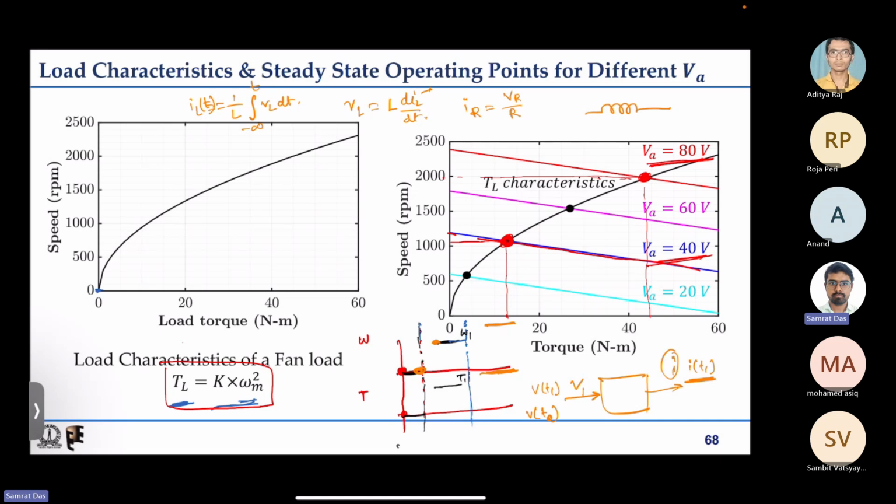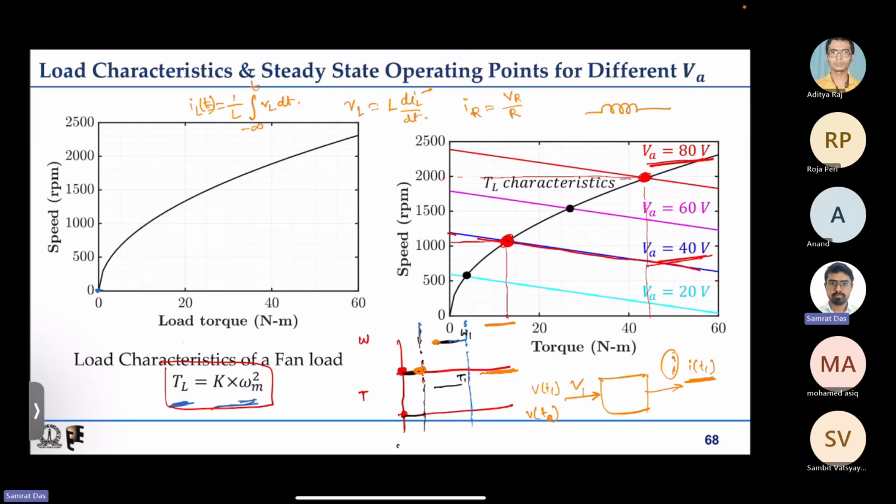Inductance is a dynamic element because, to determine the current at a given instant, the voltage at that instant alone is not enough. We need the voltage information throughout the history. That is what a dynamic element is.